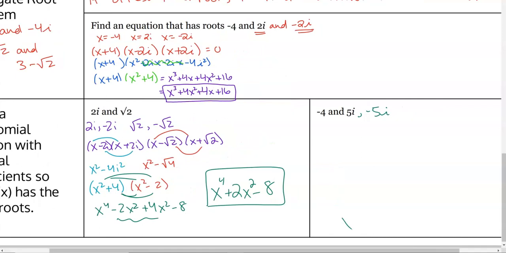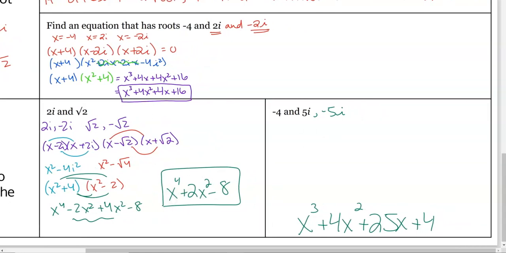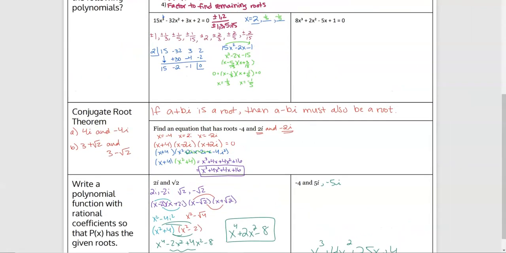Good. If you're doing this one, I'll show you. You should get x to the power of 3 plus 4x squared plus 25x plus 4. And if you are practicing this example up here that we skipped for time's sake, looking at your graph, you should see that negative 1 is a clear crossing point on the x-axis.